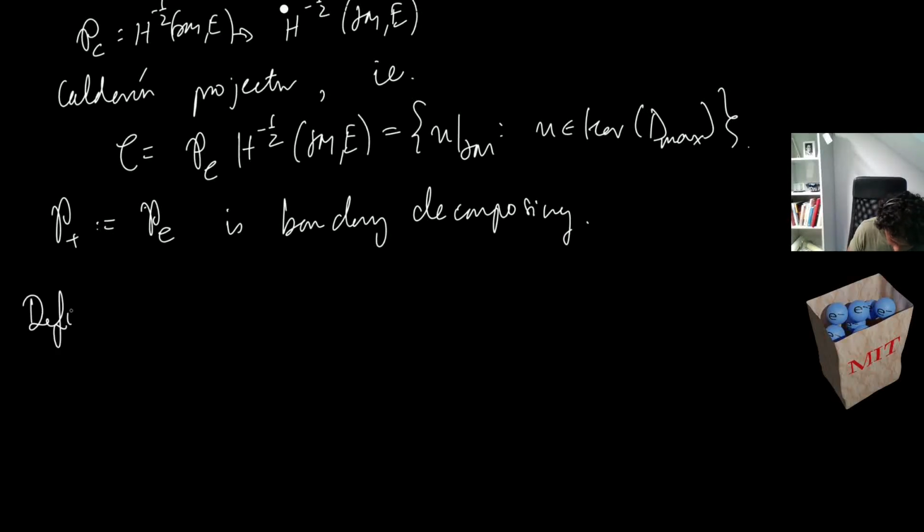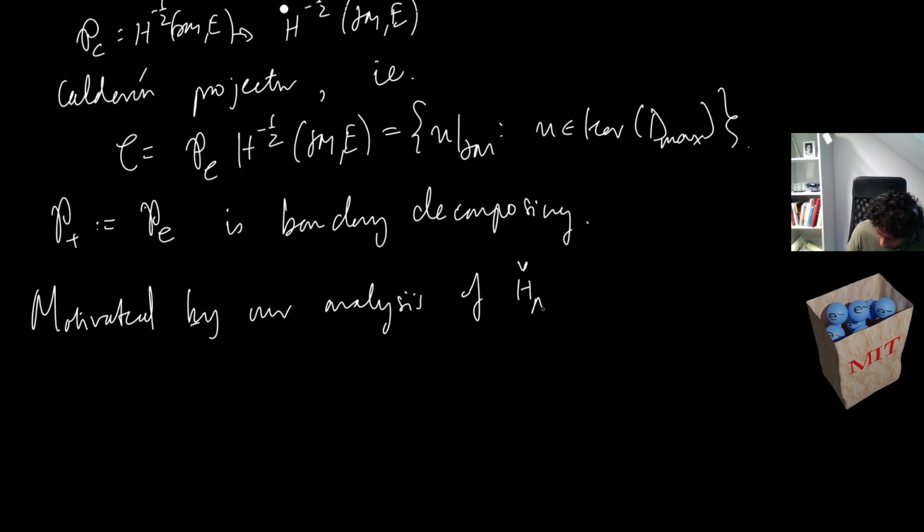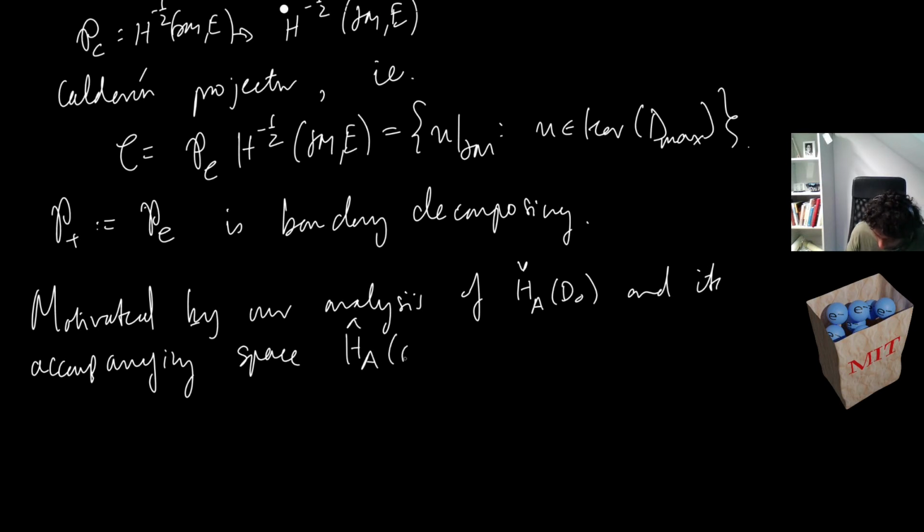Okay, so motivated by our analysis of H check A of some D naught and its accompanying space H hat A of D, we define the following.